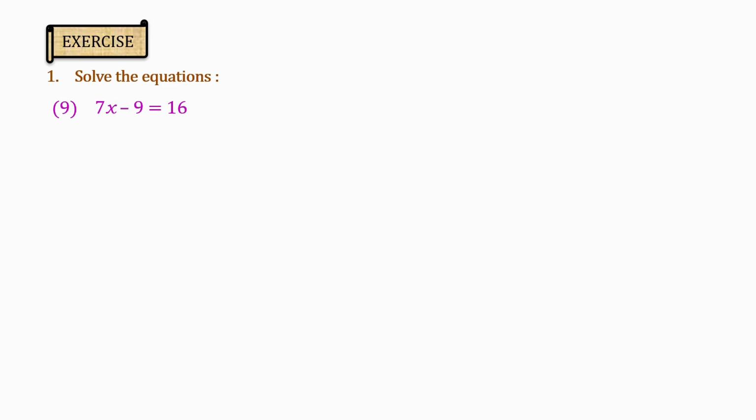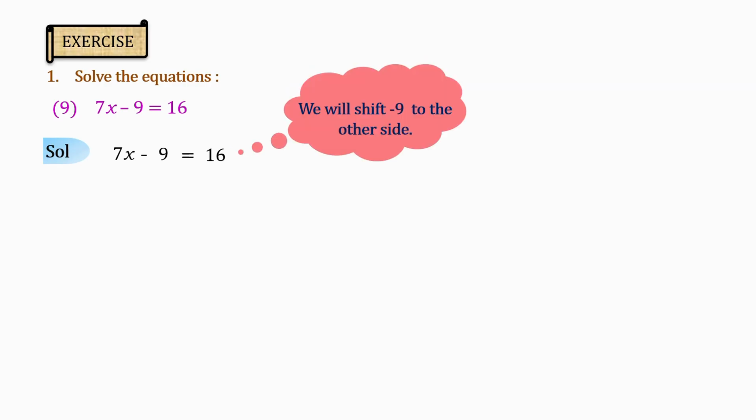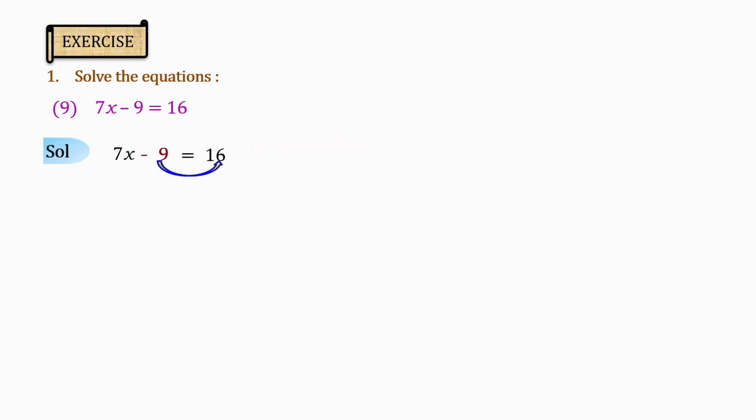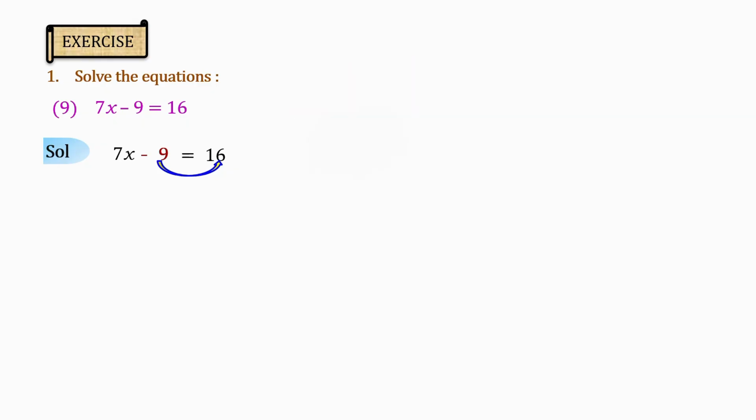Next problem, 7x minus 9 equal to 16. So variables on one side and the numbers on the other side. First we will shift minus 9 to the other side, and we are going to change the sign. So now minus becomes plus.